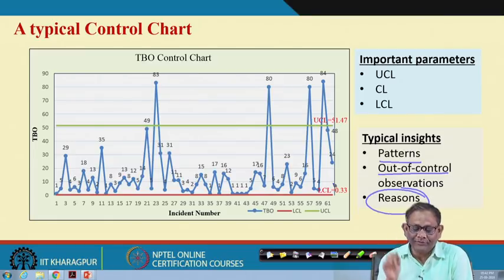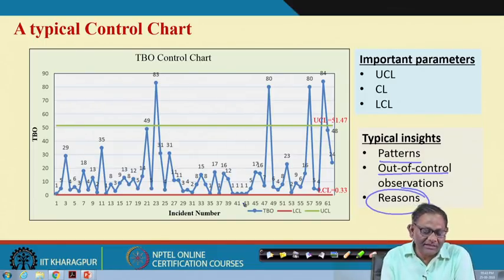Now, when you talk about a control chart, over time we plot from an incident point of view, incident 1, incident 2, up to incident n, and here we have considered time between incidents.